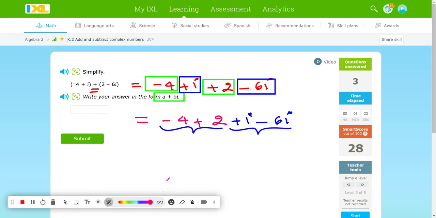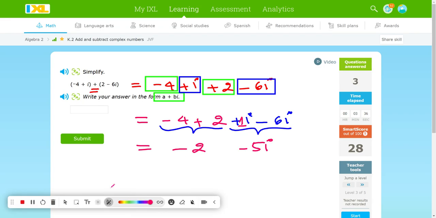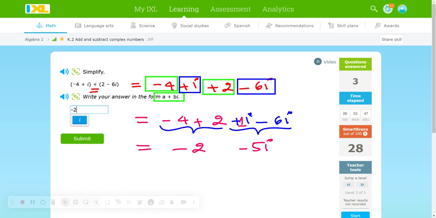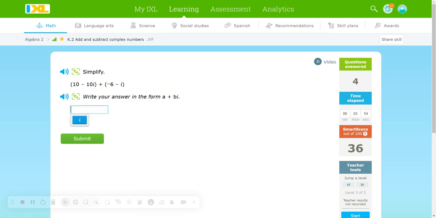Subtract 4 plus 2 is subtract 2. i means 1i, plus 1i, subtract 6i is subtract 5i. So give your answer in this order: number first, and then the i part later. Subtract 2, subtract 5i. Submit, voila.